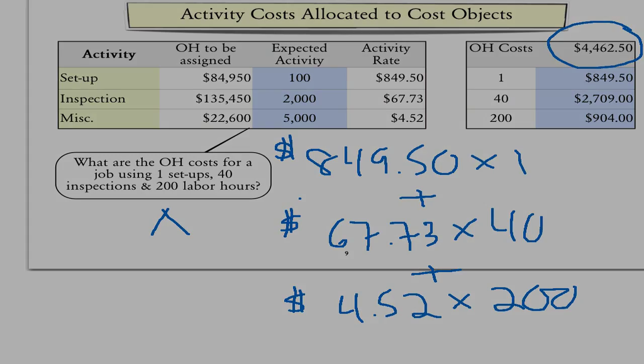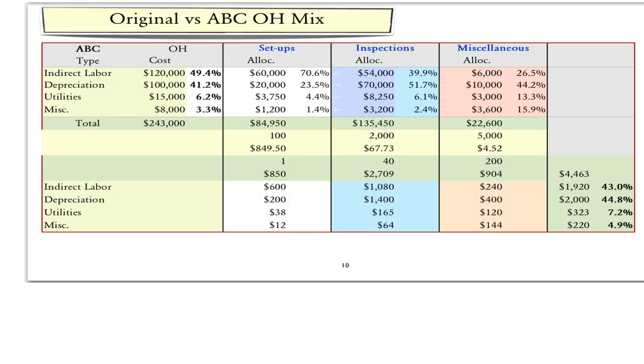This is a fairly complicated slide, but what we want to do is trace the overhead costs from the original overhead account through the activities and then to the assignment of overhead to the job we used in the example. So we start off with the original overhead and note the original mix of overhead resources.